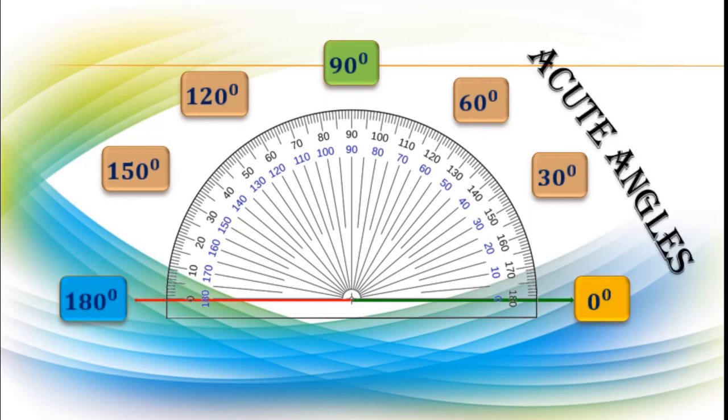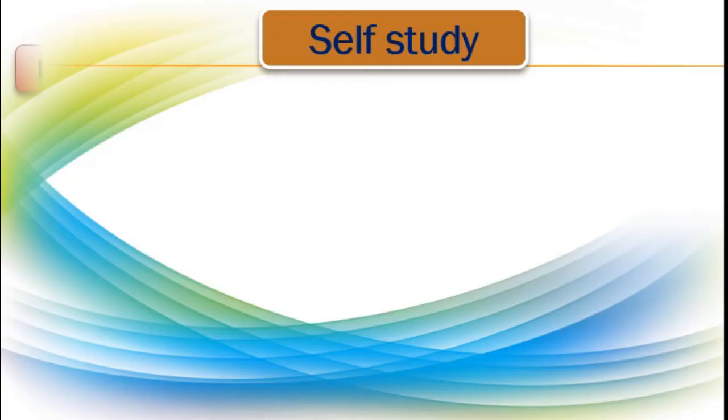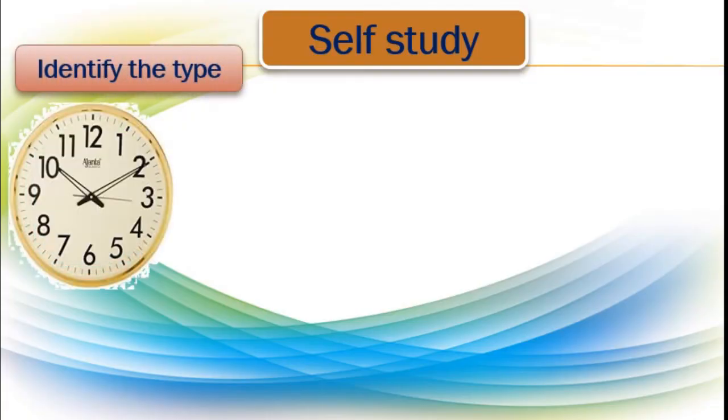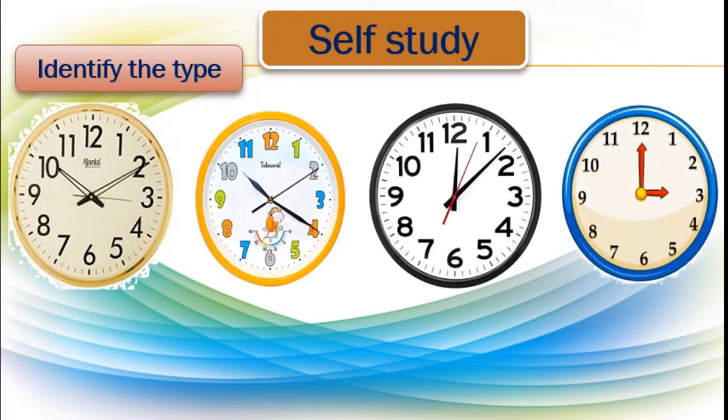Now see this, up to 90 degrees, those are acute angles. If the angle is formed at exactly 90 degrees, then it is called a right angle, and from 90 to 180 it is called an obtuse angle. Okay. Now this is self-study. Identify the type. See here, 4 watches, clocks are there.